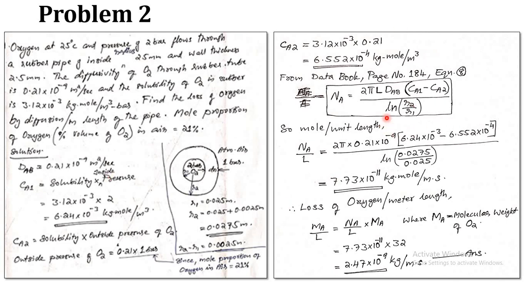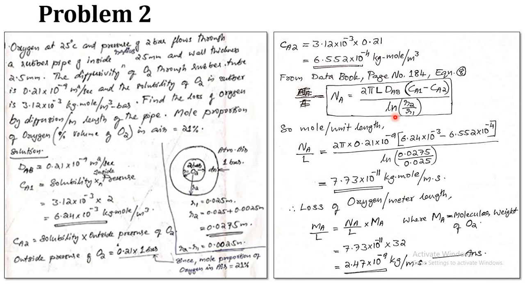From the data book page number 184, equation 8, you can find the equation. For a hollow cylinder of length L, MA equal to 2 pi DAB L (rho A1 minus rho A2) by ln of R2 by R1.